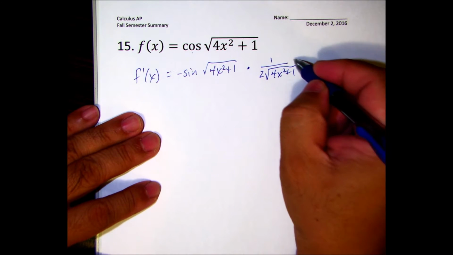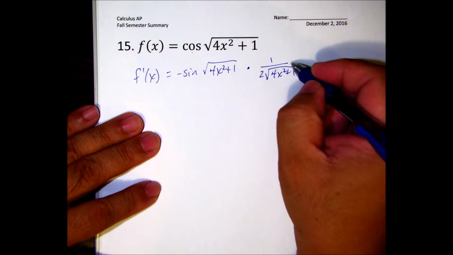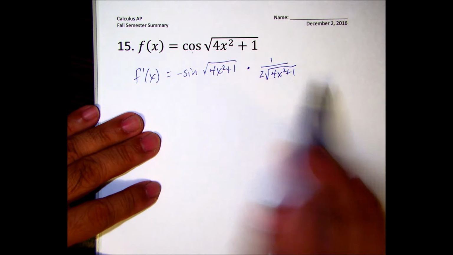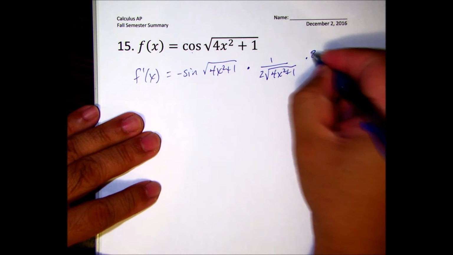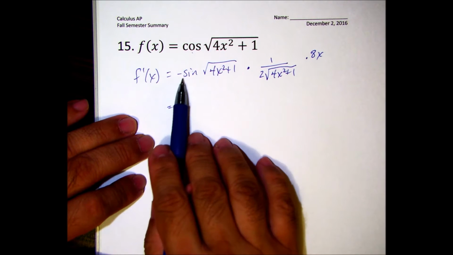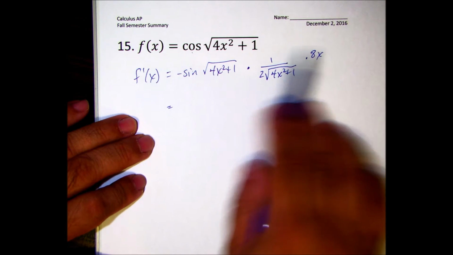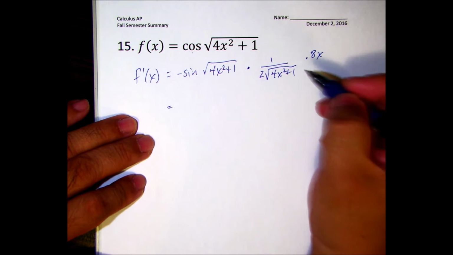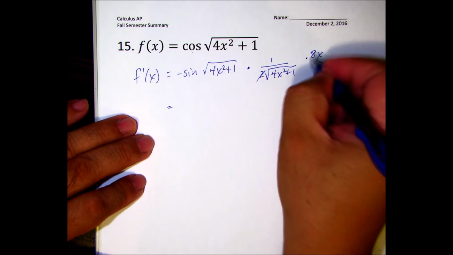Now I'm taking the derivative of the inside, 4x squared plus 1, which is 8x. Let's clean that up. I want to move all this stuff either under or in the front. Here, the 2's cancel, giving me 4.